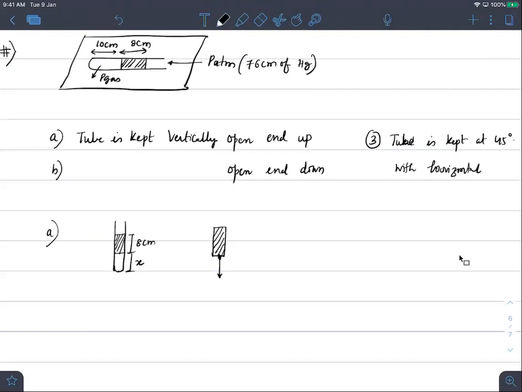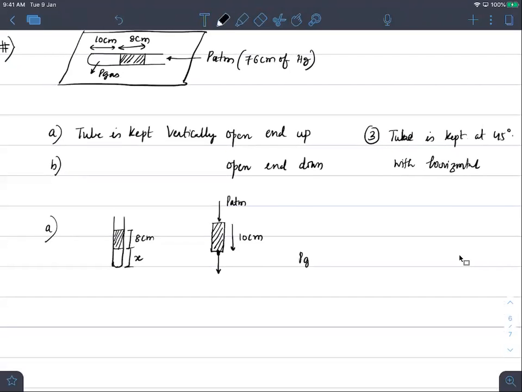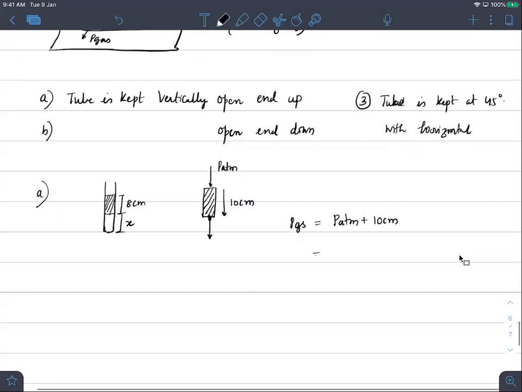From the top there is atmospheric pressure acting, and at this point the column pressure of 10 centimeters will also act. So the pressure of the gas would be simply pressure of ATM plus 10 centimeters pressure. Pressure of ATM in terms of mercury is 76. So 76 plus 10 is simply 86. So the pressure of gas which it experiences is 86.